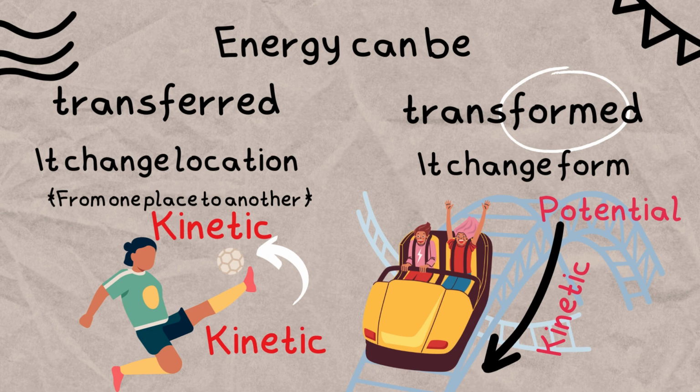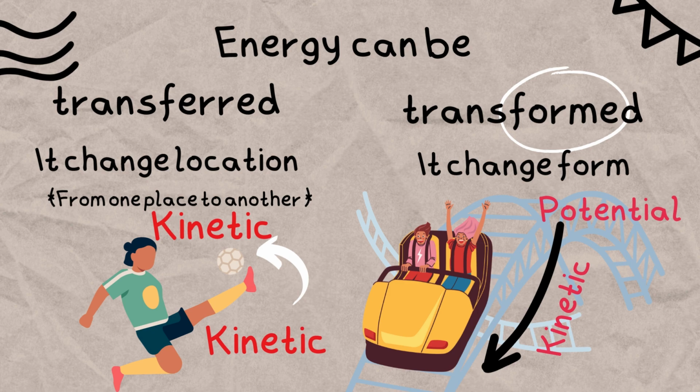So he has kinetic energy, and this kinetic energy transfers to the ball, and the ball moves for a distance. So here, this is an example for energy that can be transferred, moved from one object to another, as the same kinetic energy from the player moves to the ball, okay?